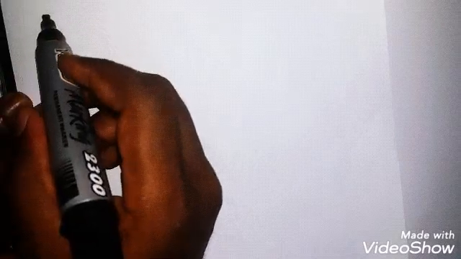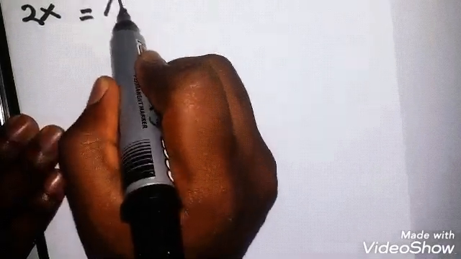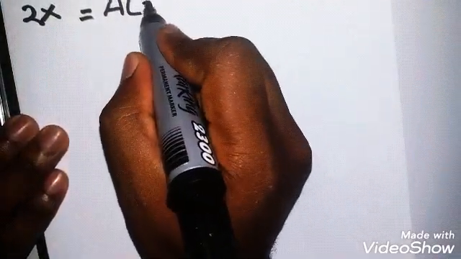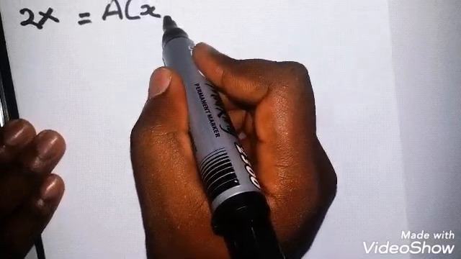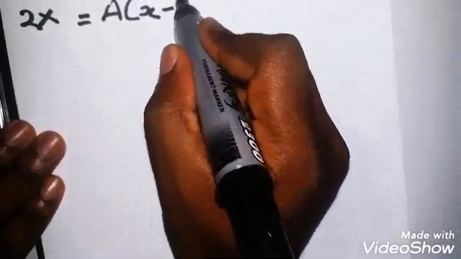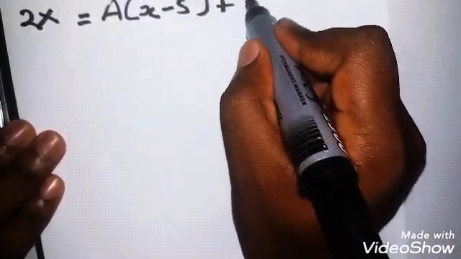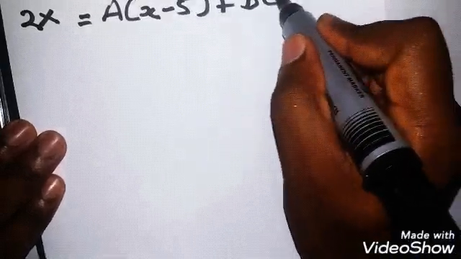Now to get the value for A, we rewrite our equation. 2x equals A times x minus 5 plus B times x minus 3.